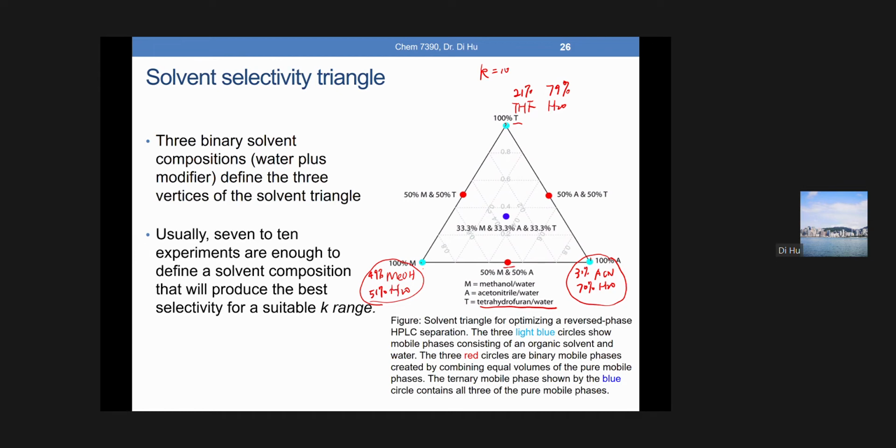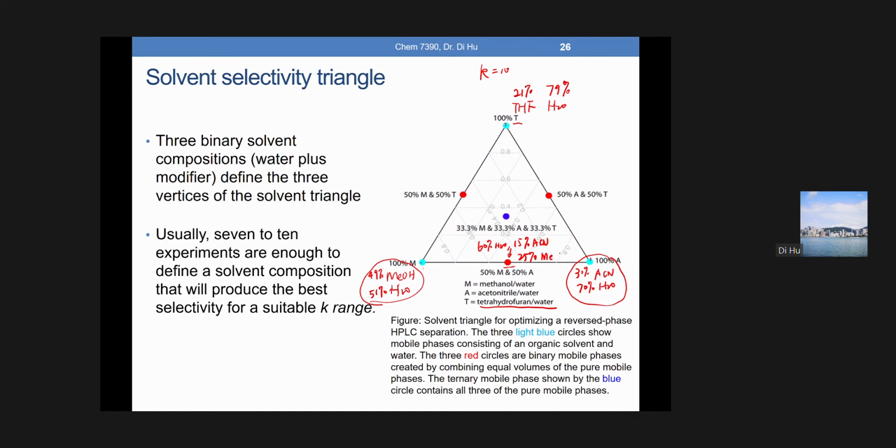Understand? So for this dot, the next step you can do is 60% water, 15% ACN and 25% methanol.